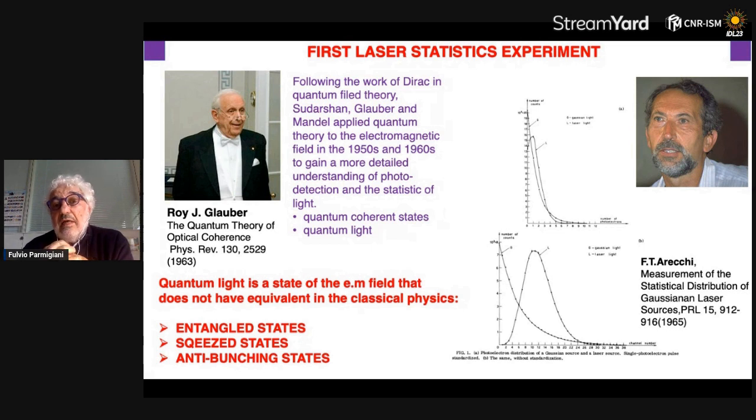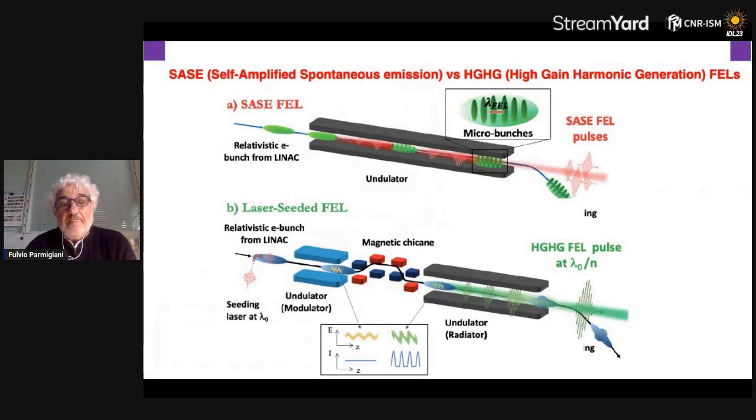And it was clear that these statistics became very different: it was a Poissonian statistic when measuring the laser source, and it became instead a super-Poissonian statistic when measuring the thermal light. So this was a very fundamental step that was done at that time. So essentially now we need to treat the light as particles and to measure the statistic of this light.